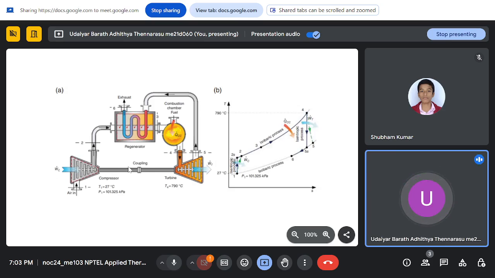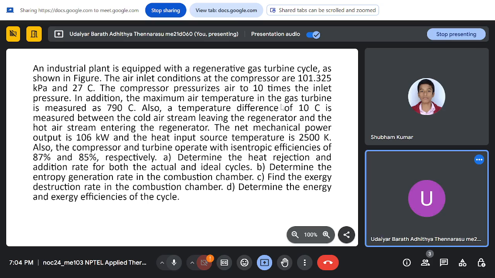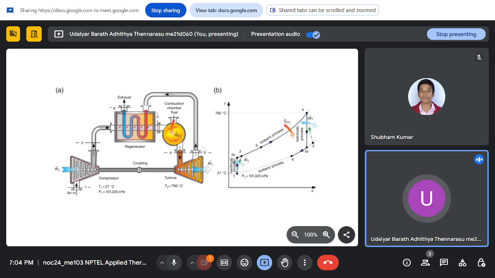So this is how the cycle looks. Your inlet to the compressor is 1 atmosphere, 101.325 kilopascal and 27 degrees Celsius, and you are compressing it to a pressure ratio of 10. Then you are passing it through a regenerator, where the cold out is your temperature T3 and the hot air stream entering is your T5.